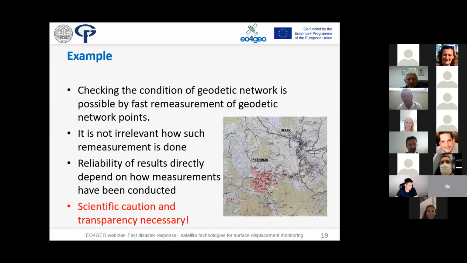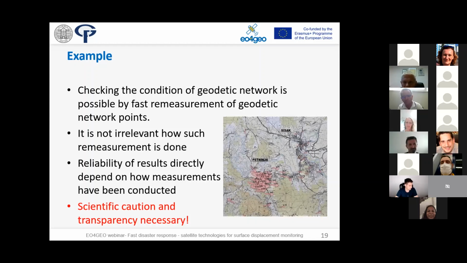So to show you an example, in January this year, after the earthquakes in Petrinja, the State Geodetic Administration, so the Croatian National Mapping and Cadastral Authority, made a fast resurvey.